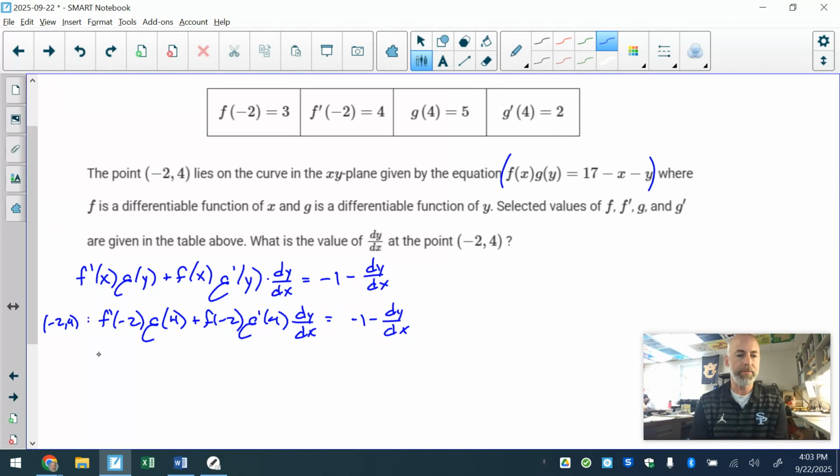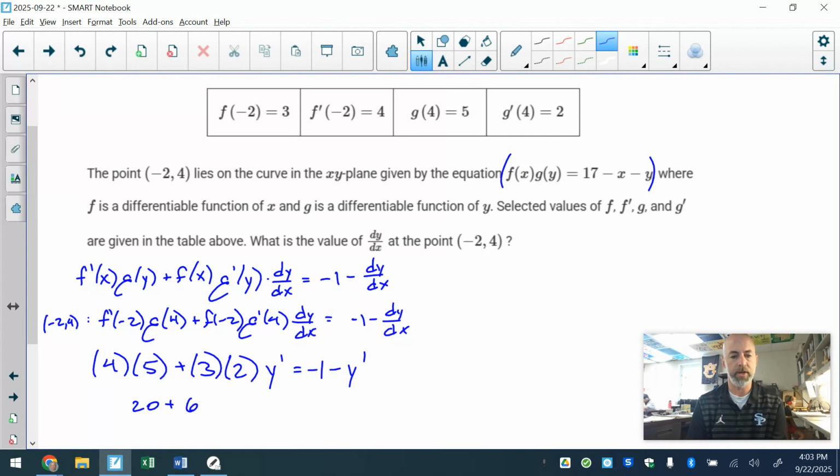F prime is 4, g of 4 is 5, plus f prime of negative 2 is 3, g prime of 4 is 2, dy/dx, which I'm going to change to a y prime, equals negative 1 minus dy/dx, which I'm going to write as y prime. So we have 20 plus 6y prime equals negative 1 minus y prime.